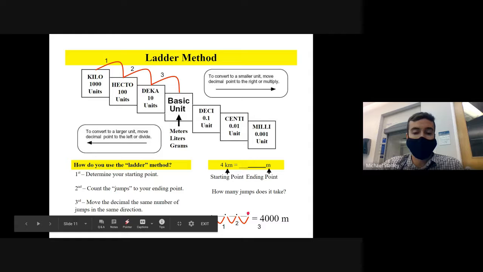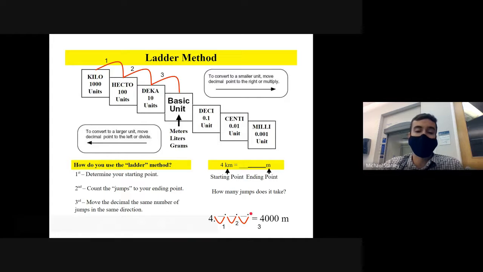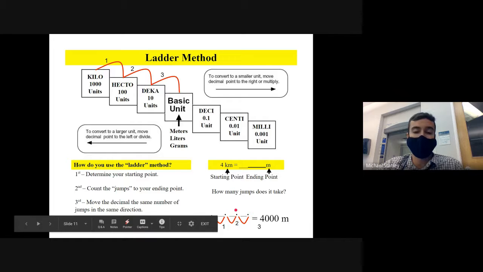So now our decimal point is over here, which means that all these empty spaces in the middle are going to be filled in with zeros. So we have 1 empty space, 2 empty space, 3 empty spaces. So we're going to put 3 zeros after our 4.